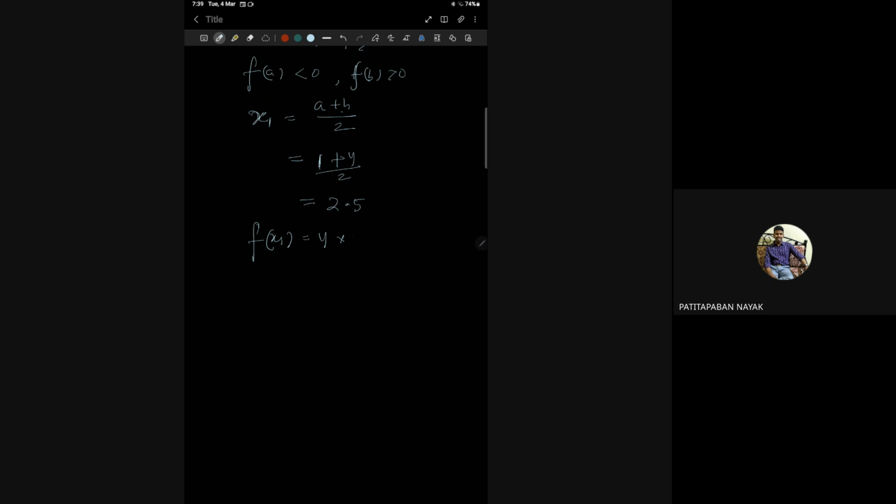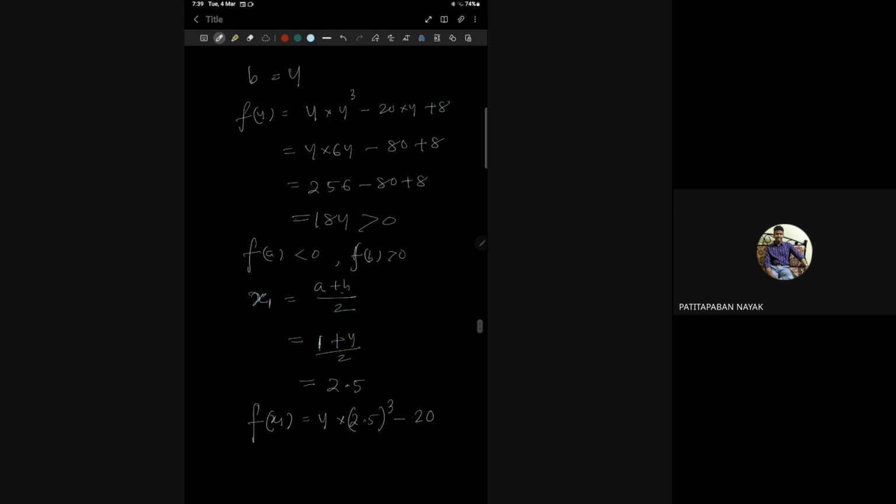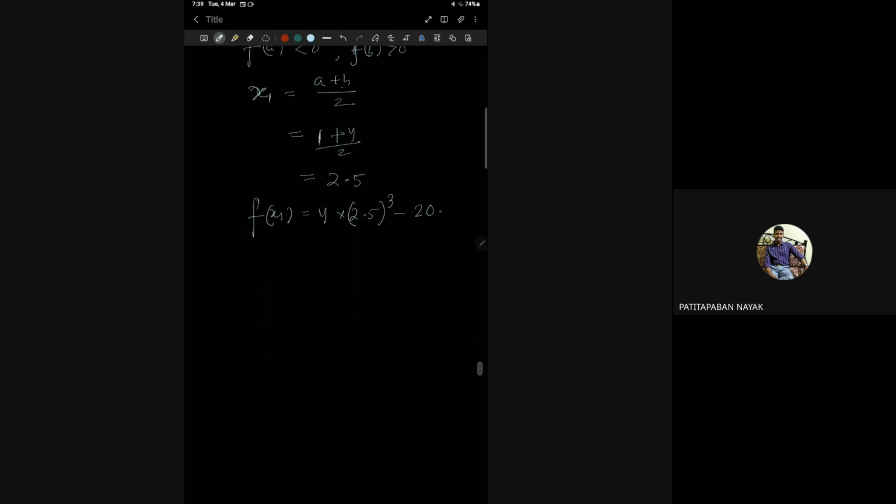F of x1 is 4 into 2.5 cube minus 20 into 2.5 plus 8. Let me use my calculator to calculate.